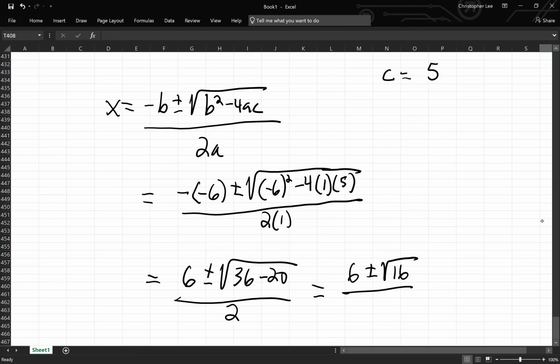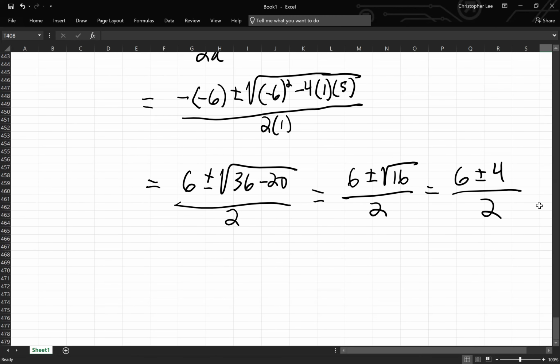16, divided by 2. And the square root of 16 we know is, in fact, 4. This is over 2. All right. Could simplify this down further, right? The greatest common factor on top is 2. So I'm left with what? Oh, shoot. 3 plus or minus 2, all over 2.